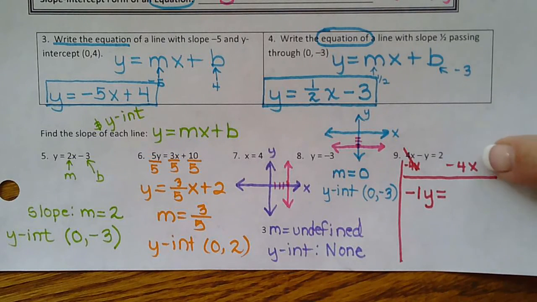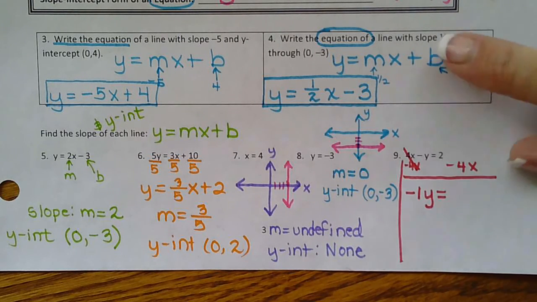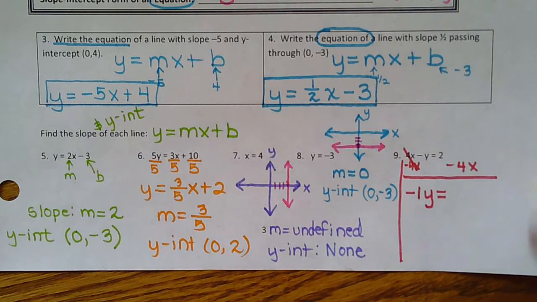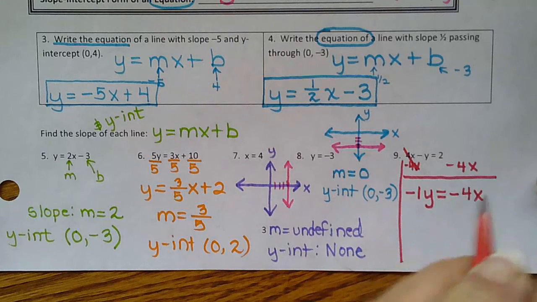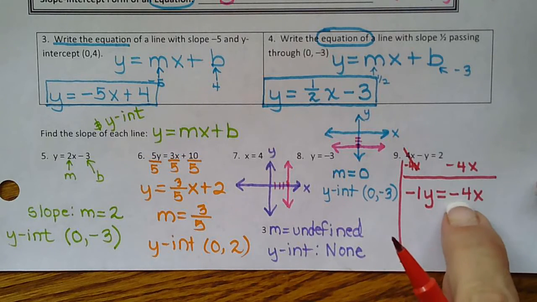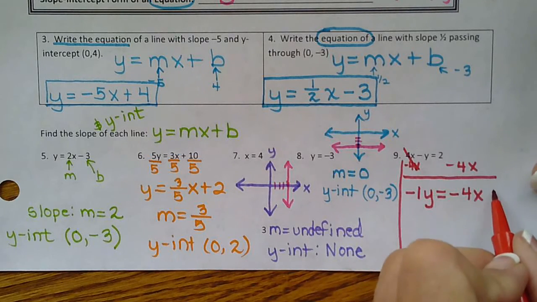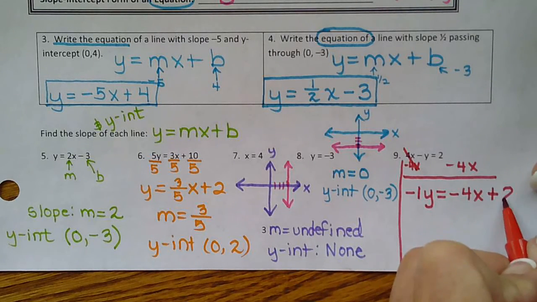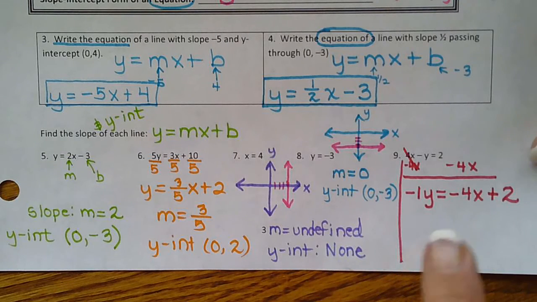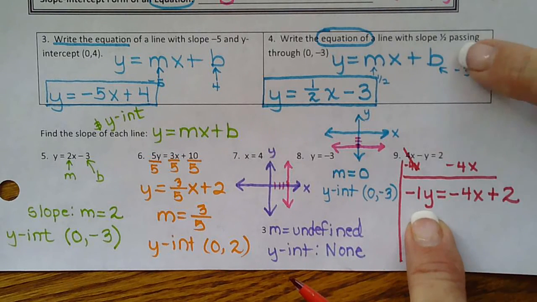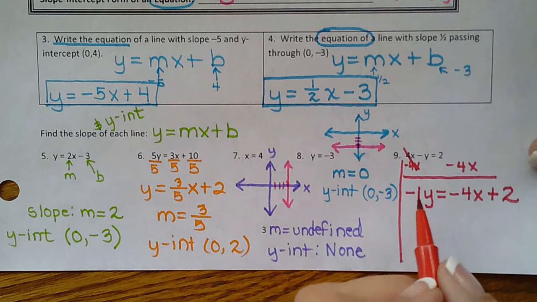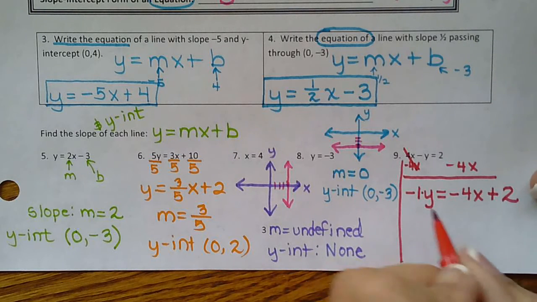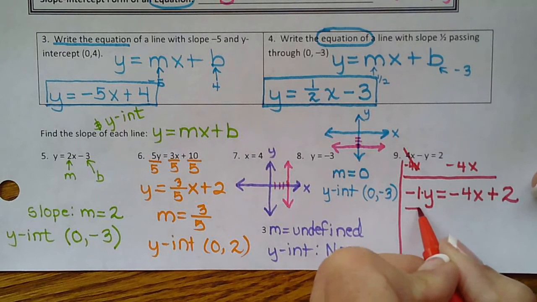Then on this type, remember how we said to switch the order so that we can make it look like y equals mx plus b? So first we put our negative 4x, and you always carry the sign that's in front of it with it. 2 doesn't have a sign, so that means it's positive 2. Still don't have y alone, and in order to read the slope and y-intercept, y needs to be totally isolated, so I do the opposite, and that's why I put that negative 1 there to remind me.